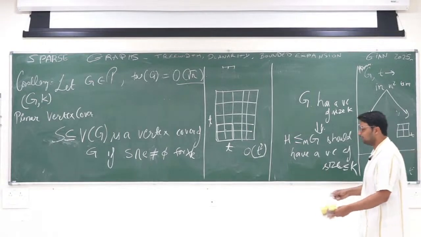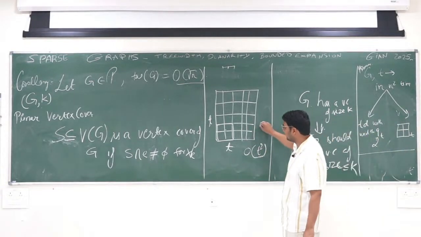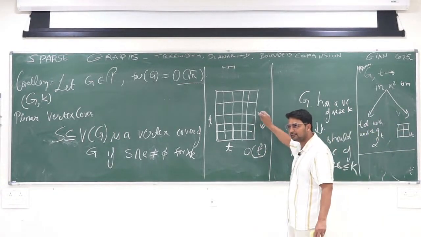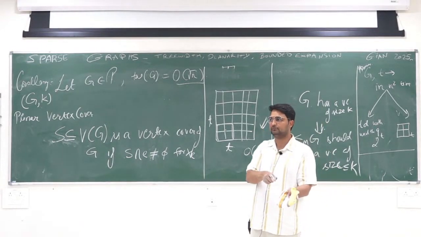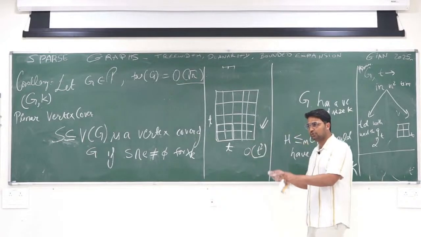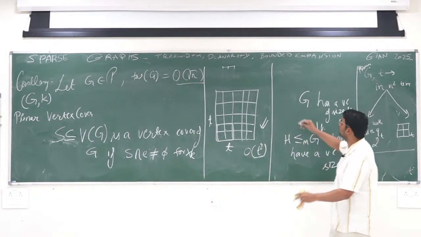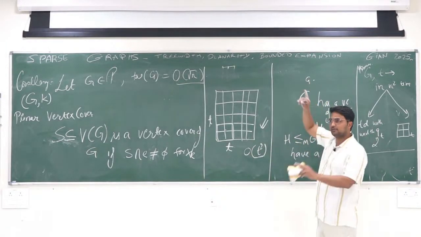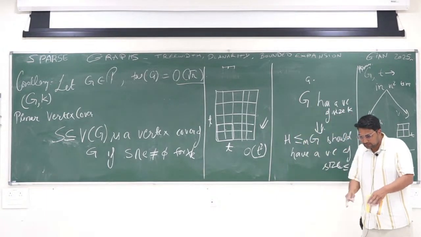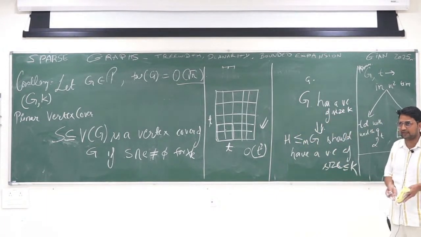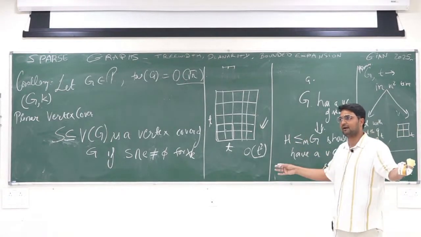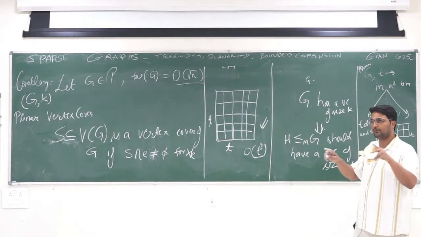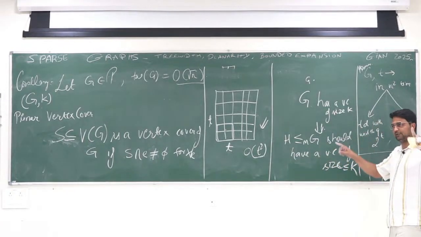So when I have this as a minor model, and this has high vertex cover, I know my graph also had high vertex cover. And that's why, when I went from G to a grid minor in the previous problem and said that if my minor has vertex disjoint cycles, I can find these many vertex disjoint cycles in the bigger graph as well. These are not very difficult to see.